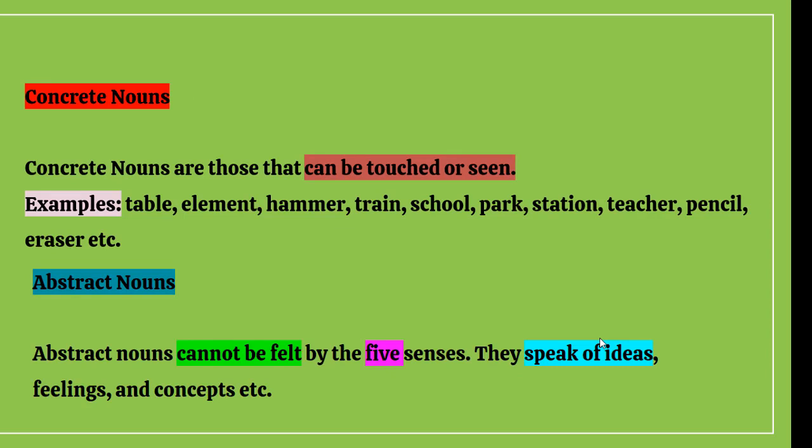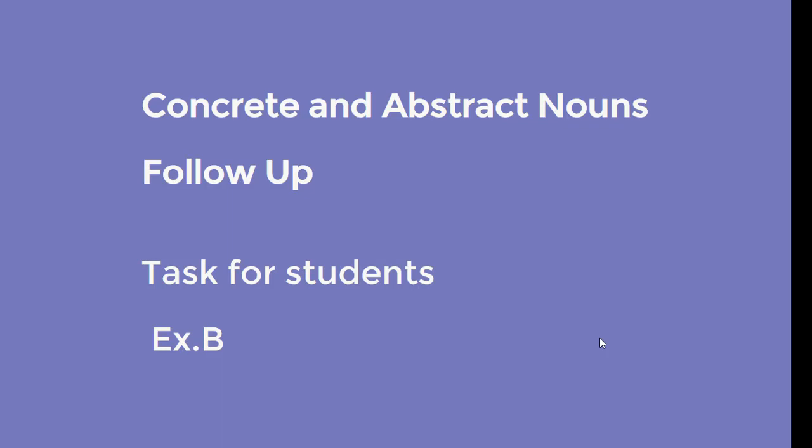They speak of ideas, feelings, and concepts. For example, anger, thickness, etc. Abstract nouns cannot be touched by our hand. They are intangible. To understand concrete and abstract nouns, here we have the follow-up exercise B for the students.